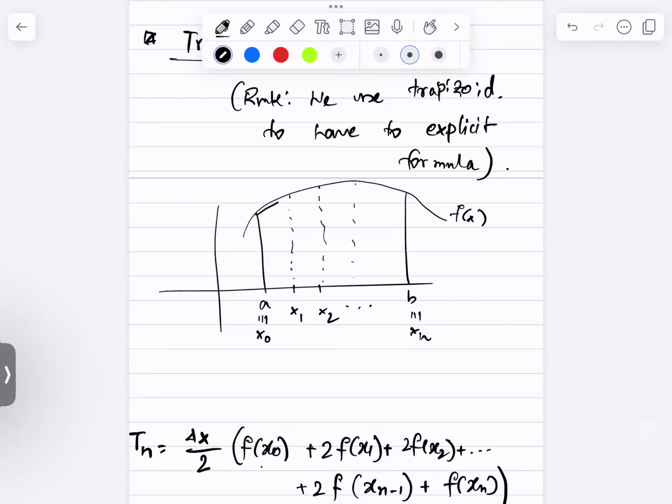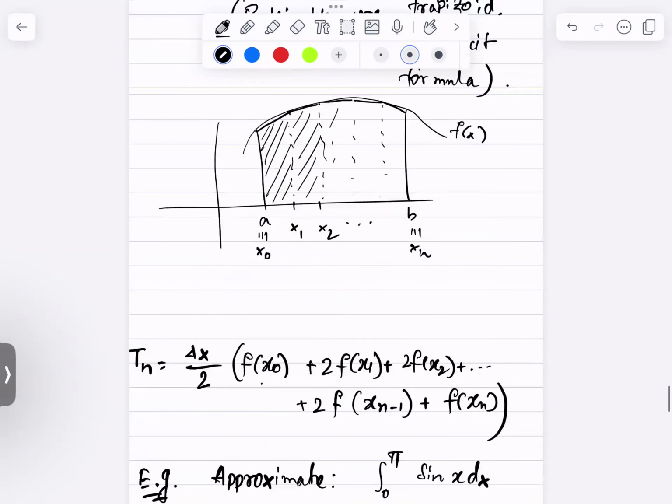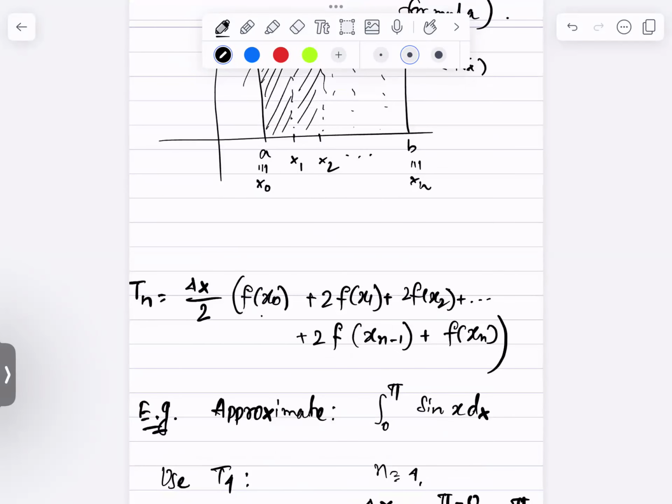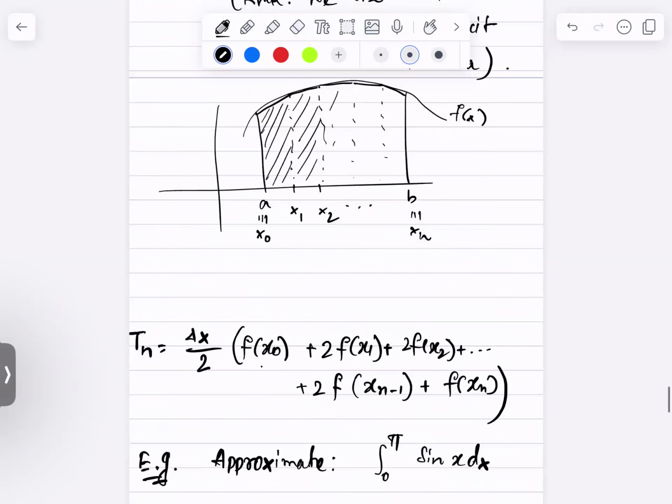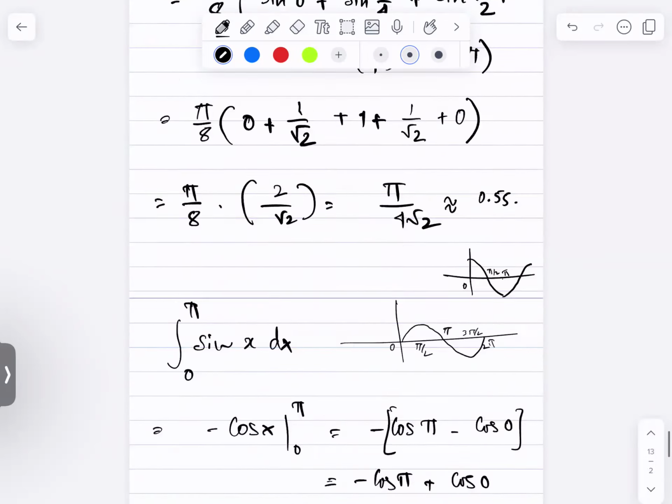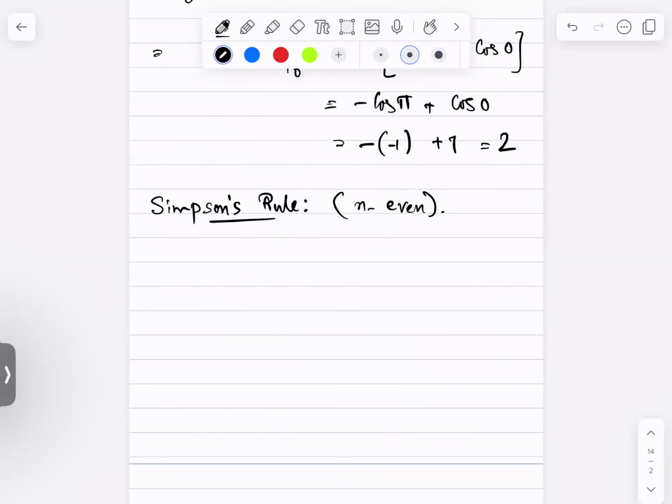You just add these points like this, and by that you get a trapezoid, and you get the area of this trapezoid plus the area of that trapezoid and so on. So this formula should not be very difficult to calculate if you use the formula for the area of a trapezoid several times. But to get the formula for Simpson's rule, you need to use a parabola to approximate.